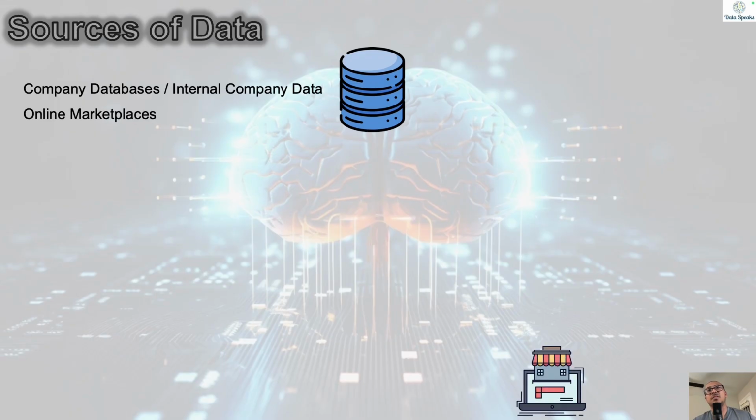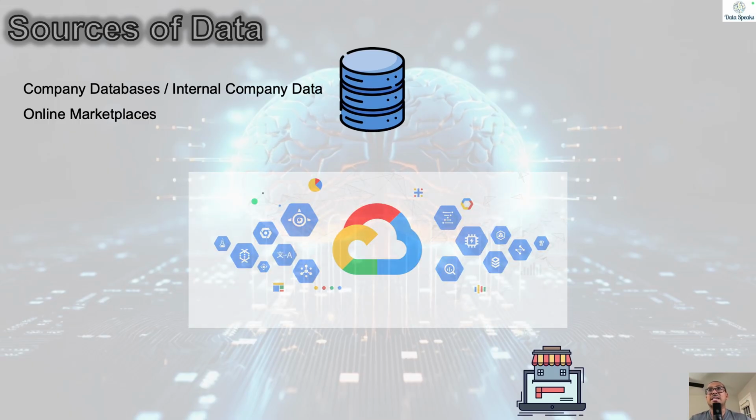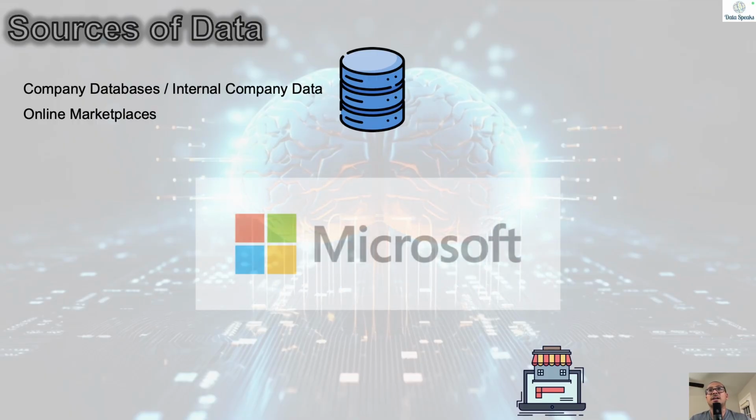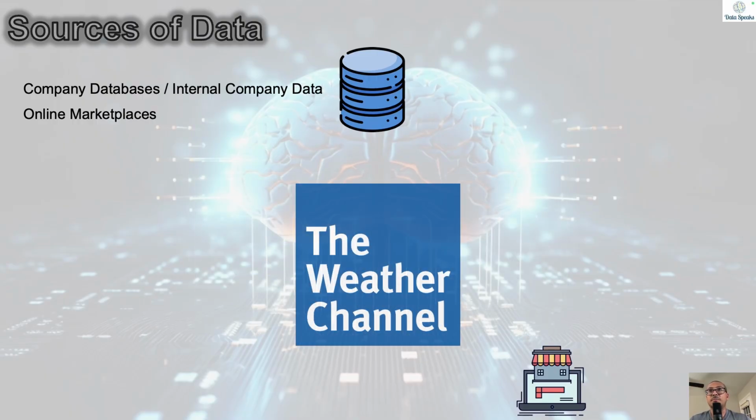The next thing we can think about is online marketplaces. Data is made ready and available to buy on online marketplaces, and it is sold by many big reputed firms and organizations. For example, you can buy data from Google, from Microsoft, from weather.com, and so on.